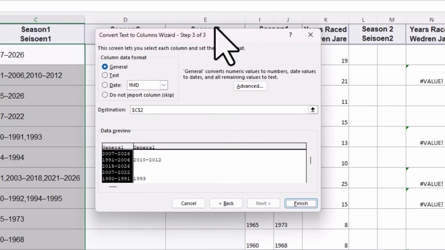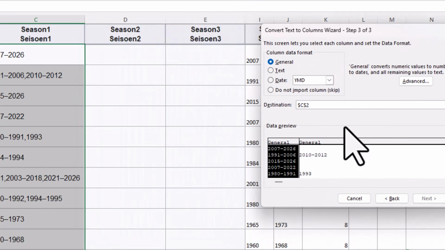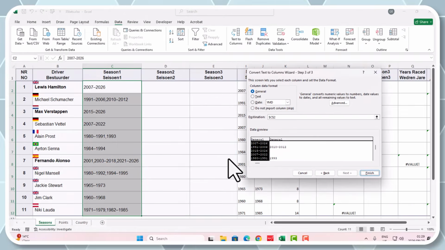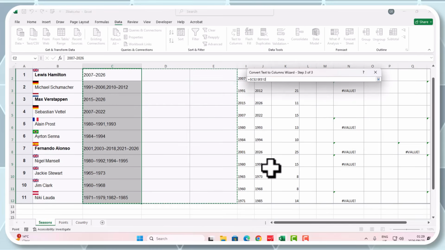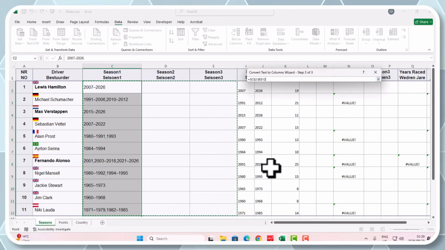Now very easy. All that we need to do now is tell it where to put the data when it's separated. And they told us in the exam paper that it will be between column C, D, and E. So let's go into this little arrow, and we're going to select our range there. I'm just going to pause there so you can see what I've done. Are you guys happy?